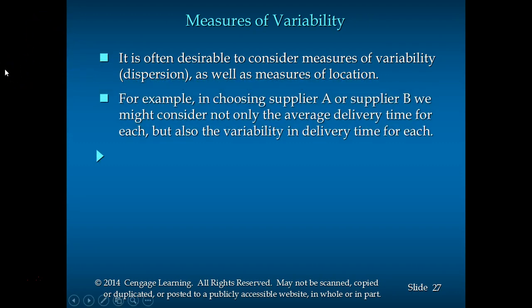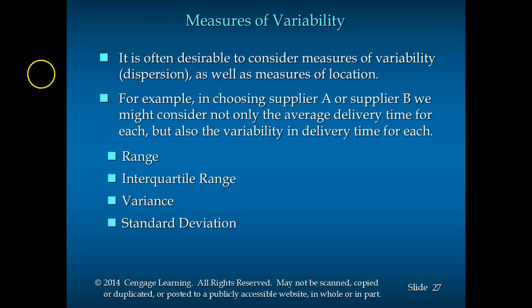For example, in choosing supplier A or B, we might consider not only the average delivery time for each, but also the variability in delivery time for each. So here we'll study range, interquartile range, variance, and standard deviation, the four measures of variability.